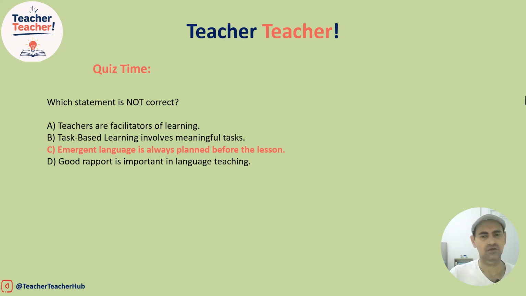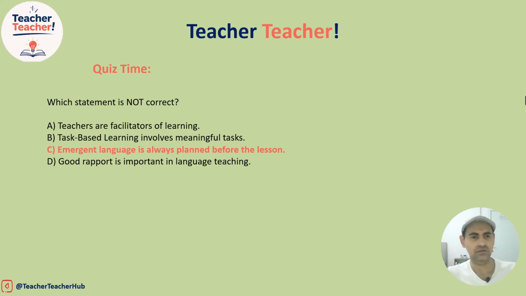For example, your lesson is not about simple present and verb endings, but your student says, "Teacher, she go to school every day." This is a sentence produced by the student during a freer practice during the lesson.